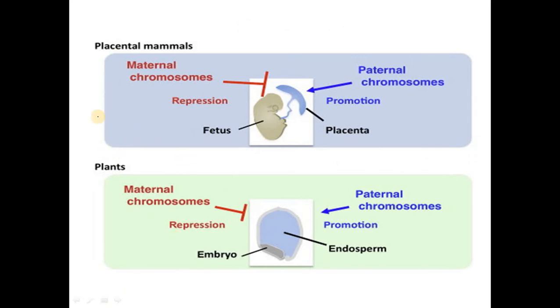This figure gives you an idea about how genomic imprinting, that is stamping, which is done with the help of methylation, and how it affects development. So in mammals there is a placenta that provides the nutrition, and if maternal chromosome imprinting is there, it represses the proliferation of the embryo.